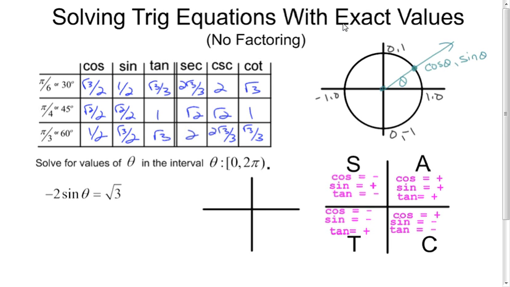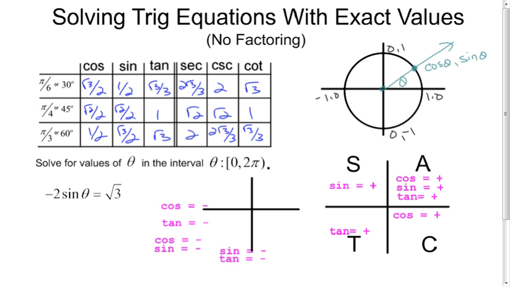Also, you have to have fluency in "All Students Take Calculus," the mnemonic that represents this chart. Don't forget, it's a shortcut for understanding which values give you a positive output for a trig function given the terminal side lying in a particular quadrant, okay? So, real quickly, all the values of the big three in the first quadrant are positive.